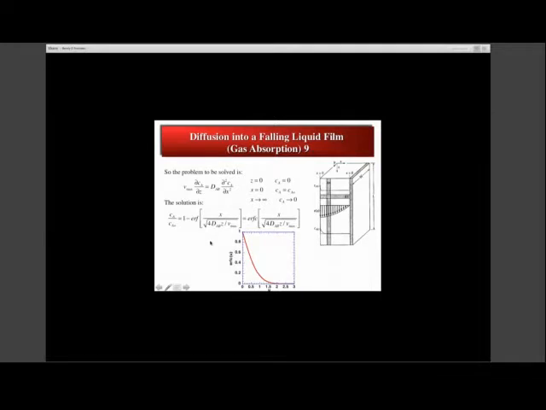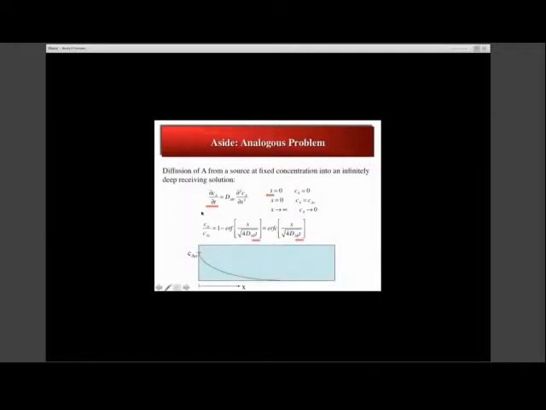So let's compare this solution to the solution that we get if we imagine A diffusing from a fixed source at concentration Ca0 out into an infinite bath. The solution to that problem is very much like the solution to the homework problem, the dye diffusing in the tube. It's slightly different, but it is analogous to the steady state problem that we've just solved, except here this is an unsteady state problem, and z divided by v is replaced by the time, t.